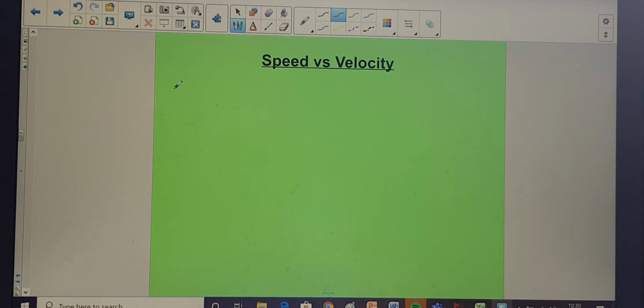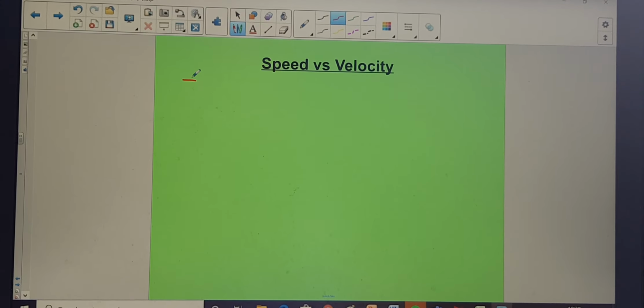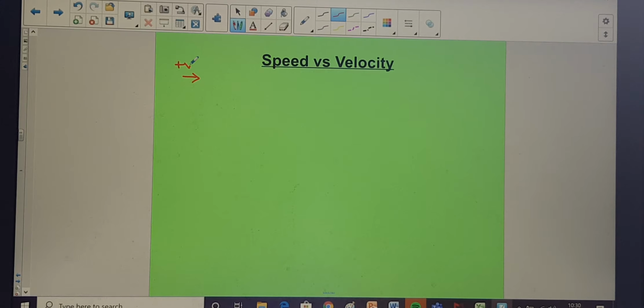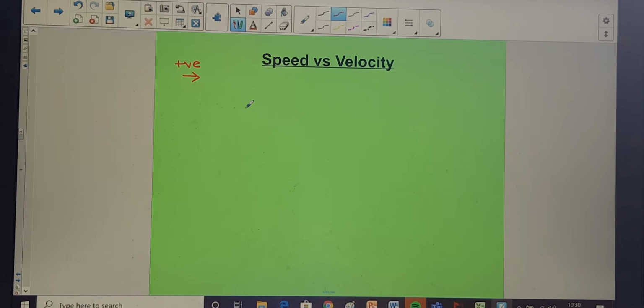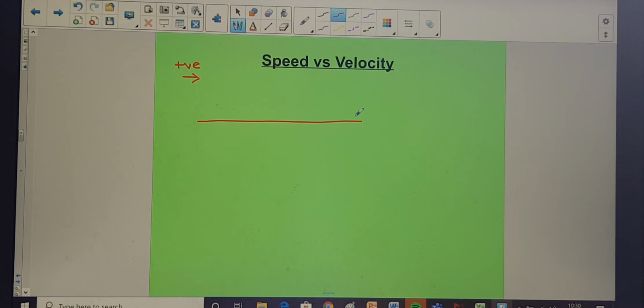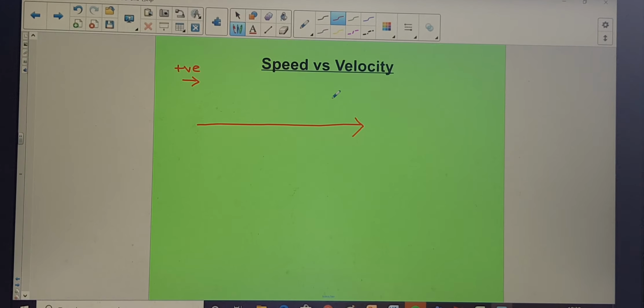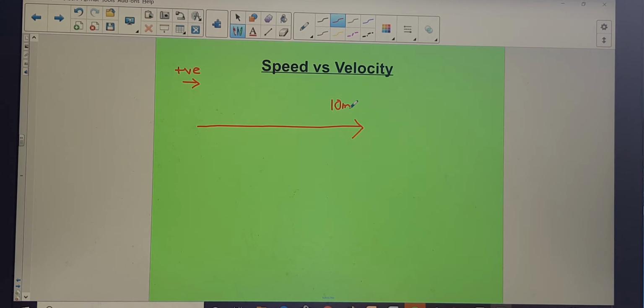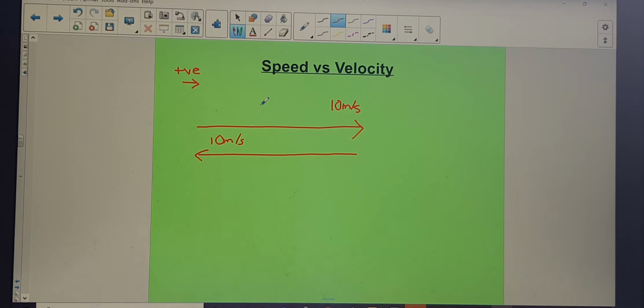Let's say I call left to right the positive direction, which is often the case with graphs. If something is moving in this direction with a speed of 10 meters per second, it could go back the other way and its speed would still be 10 meters per second, because speed does not care about direction. You can go whatever direction you want, the speed is just the speed. The difference between, let's call that speed.